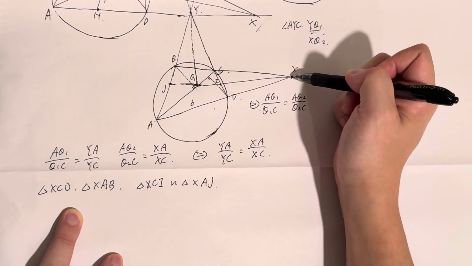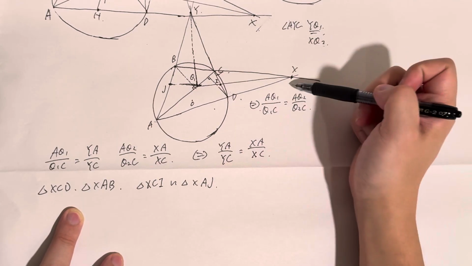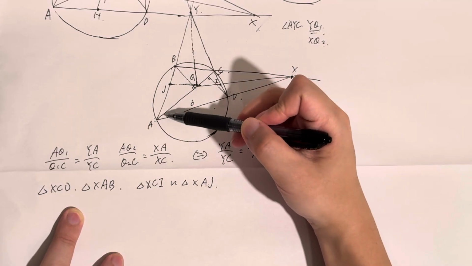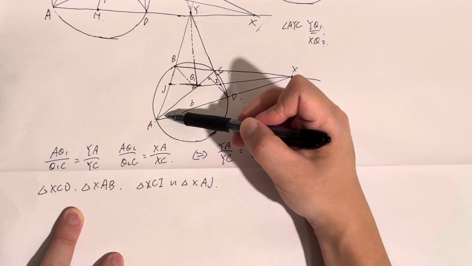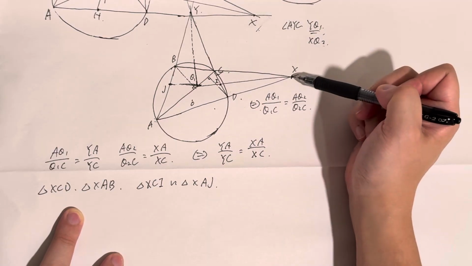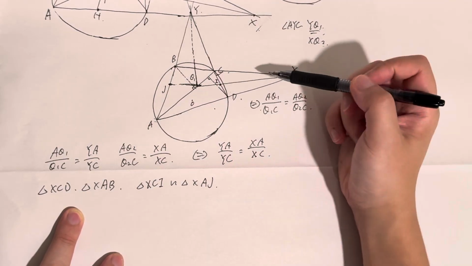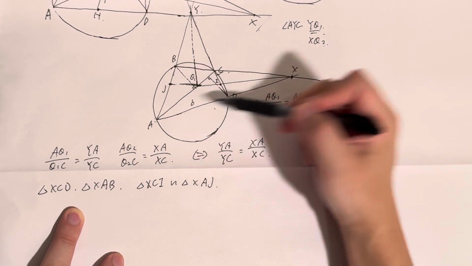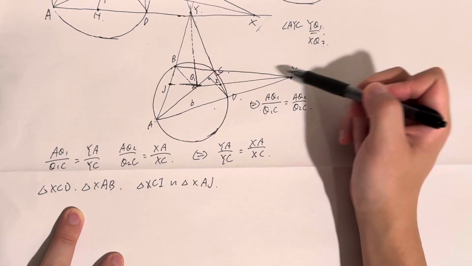Because angle XCI equals angle XAJ, right? Because this one plus this one is 180, this one plus this one is 180 degrees. So angle XCI equals angle XAJ. And also angle AXJ equals angle CXI, right?